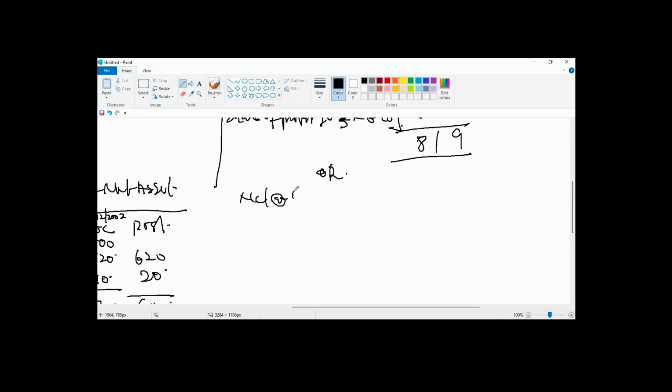NCI at the date of consolidation: 0.3 times 2,730 gives you 819, because NCI is only entitled to net assets.